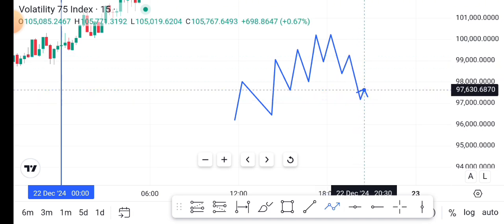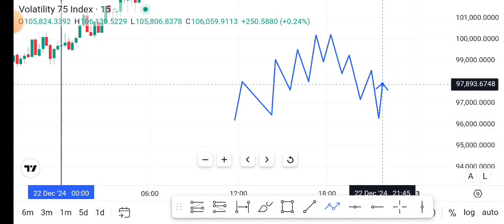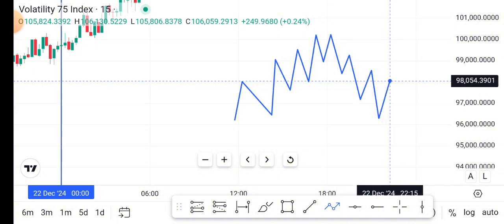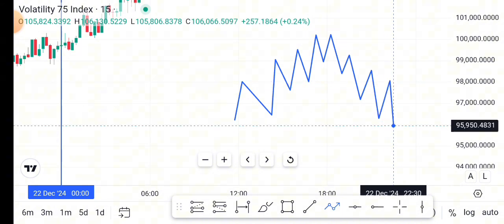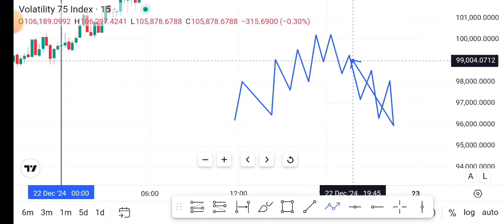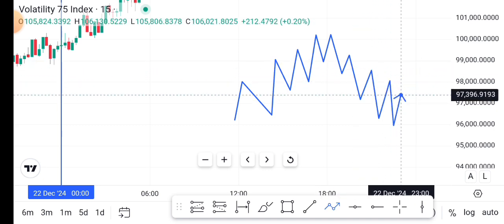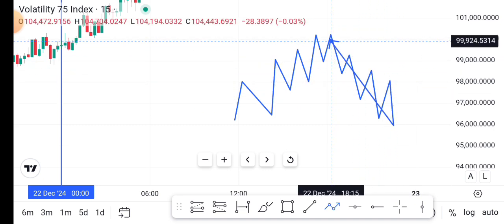We wait for the market to pull down. When it reaches 7, 8, 9, we want to see this happening in the market, something like this, at around 9, 9:30, around 10.